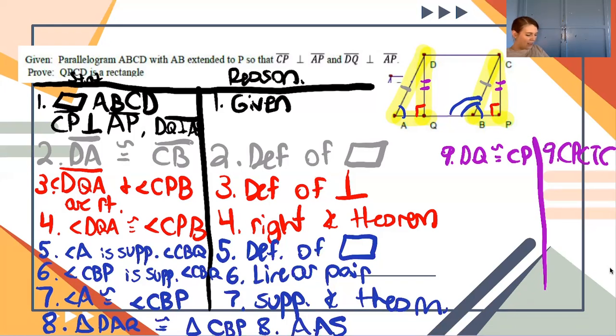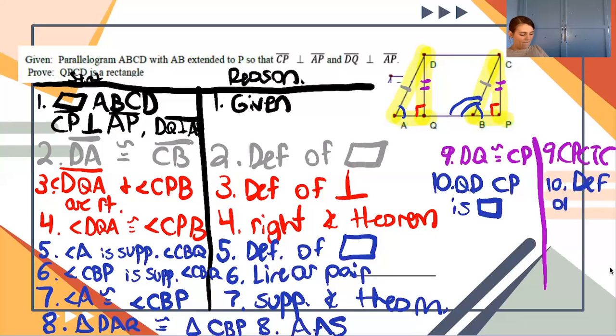And finally, because of that, I can prove that QDCP is a rectangle because of the definition of a rectangle. I have my right angles, I have my congruent sides. Therefore, two right angles, two congruent sides, it's a rectangle.